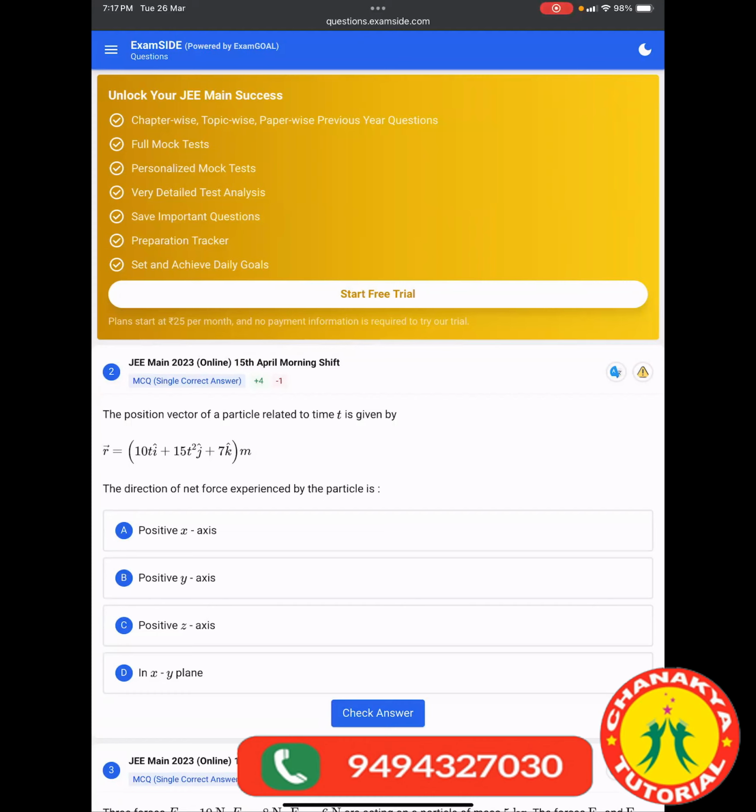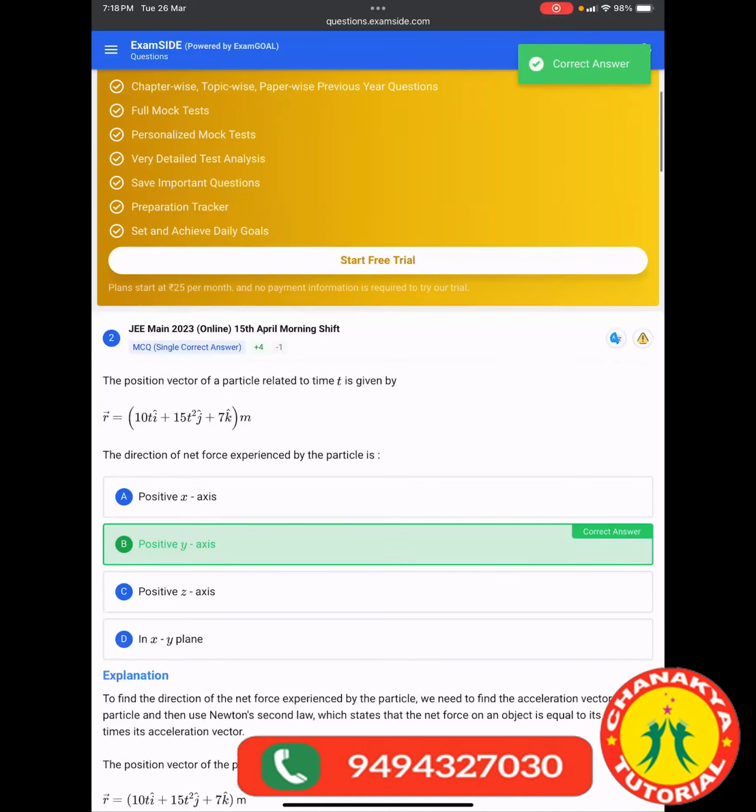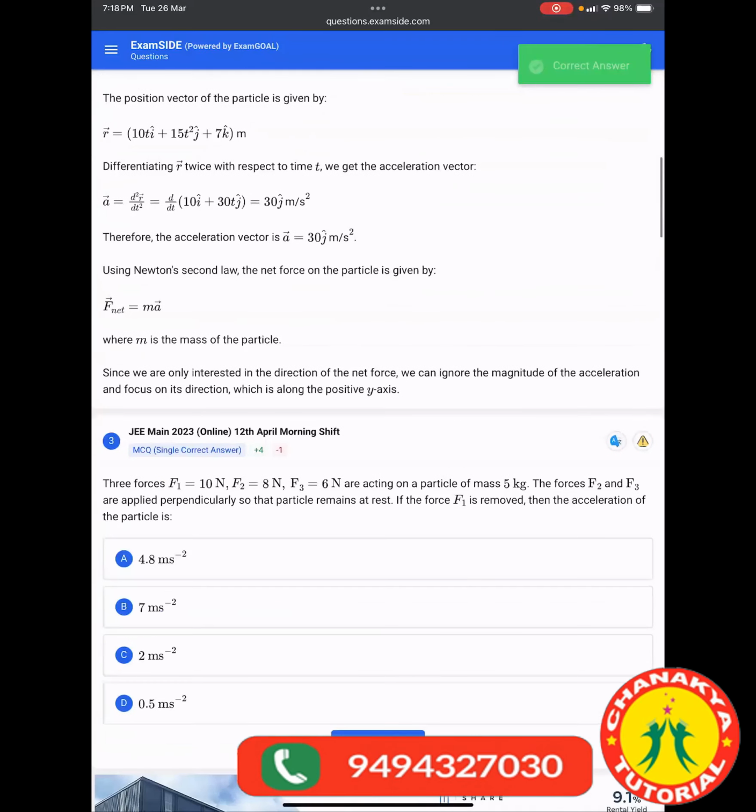Differentiate two times. So positive y axis. Yeah, correct. Simple one.